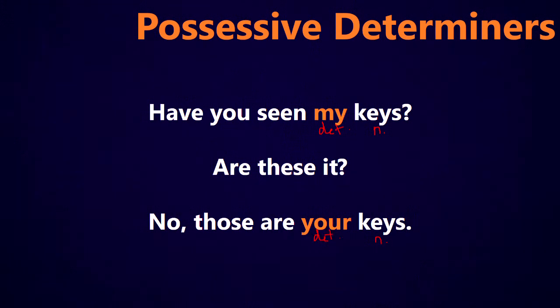Why is it a determiner? Because remember, determiners answer the question, which one are we talking about? So if I have some keys, I want to be specific about whose keys they are. So I could either say my keys or your keys. It's telling me which keys we're talking about. That's what a determiner does, because a determiner tells us which one we're talking about. It helps us to be specific.